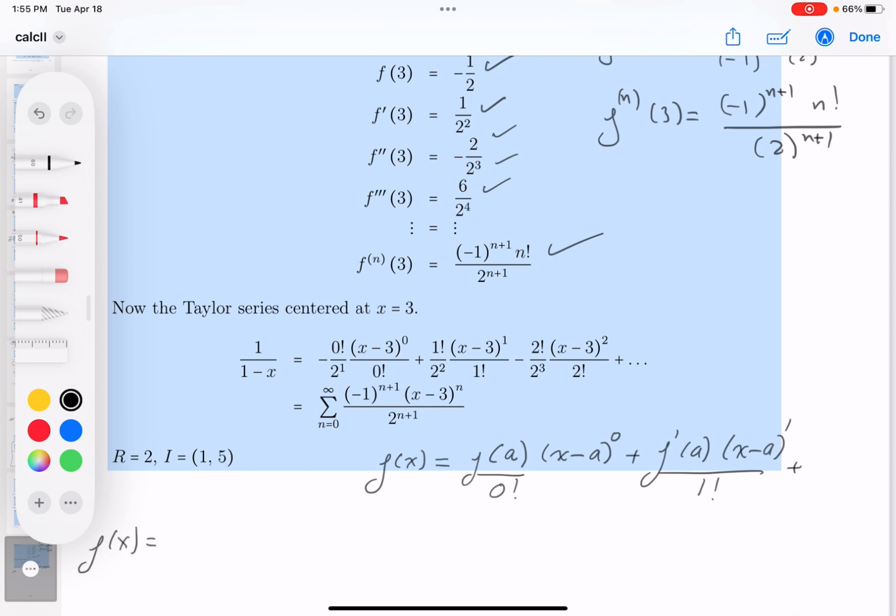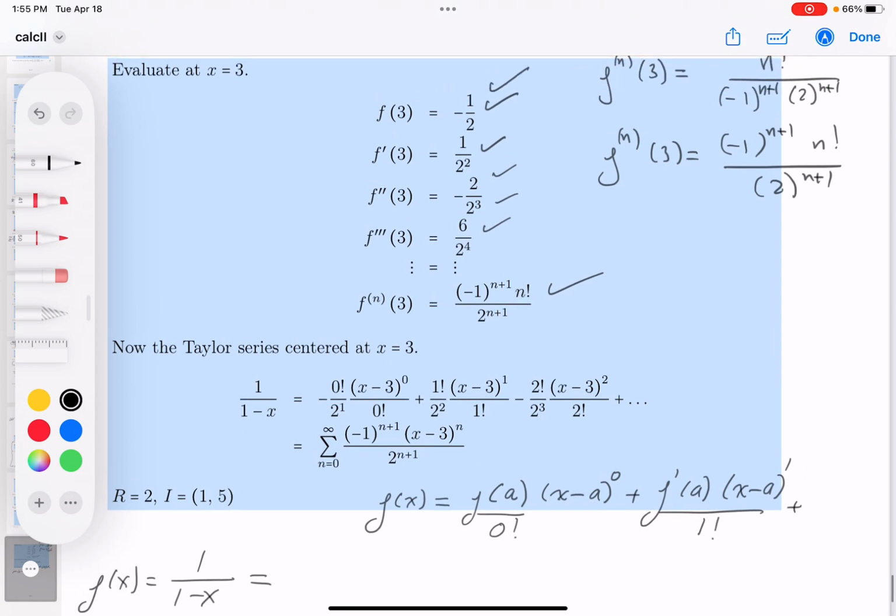It's going to be 1 over 1 minus x equals, well, I'm going to do what I said I was going to do, this thing over here. And I have to be careful about this. It's going to be minus 1/2, that's what f of a is. I'm not going to write the 0 factorial down. Next, minus a, that's just 0. Let me put the next one down.